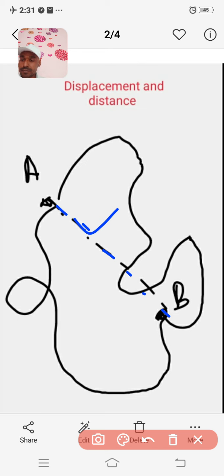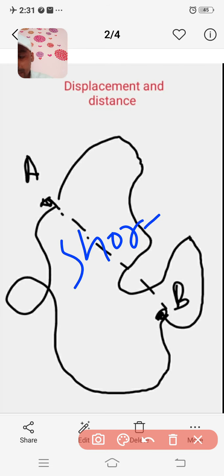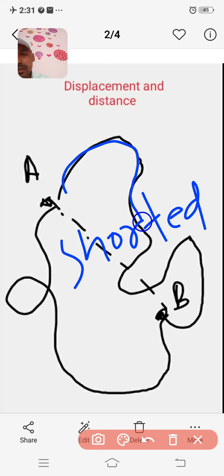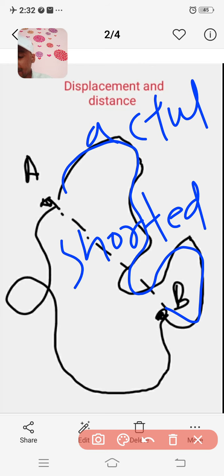The dotted line is a shortest path, and this is the actual path.